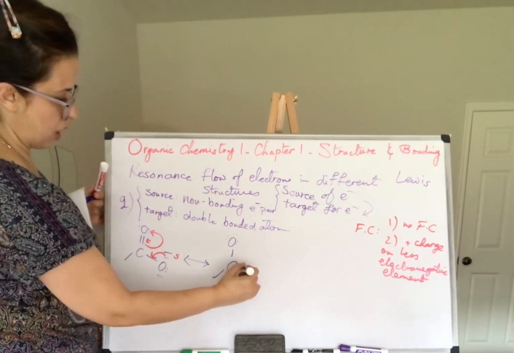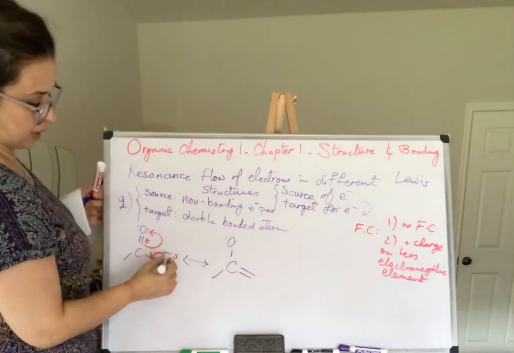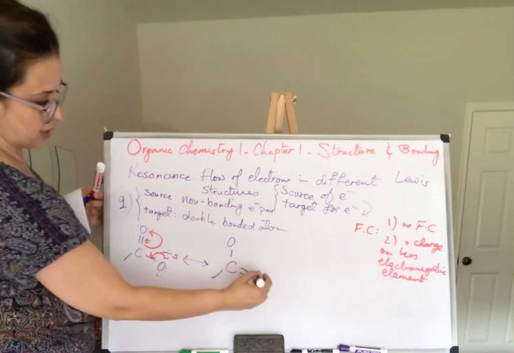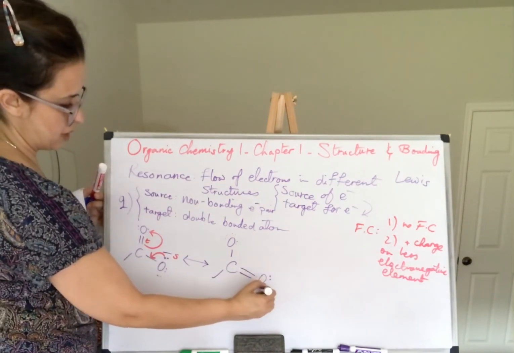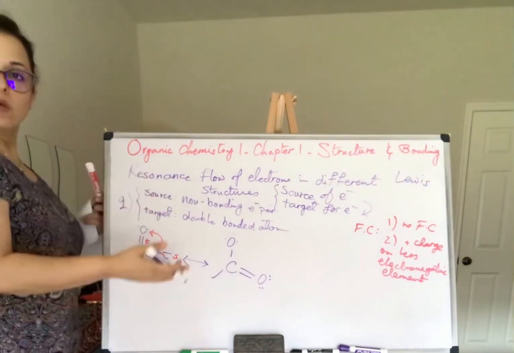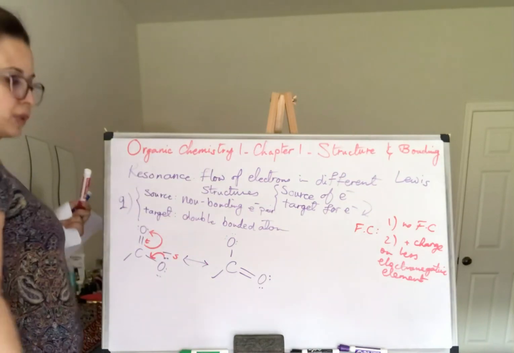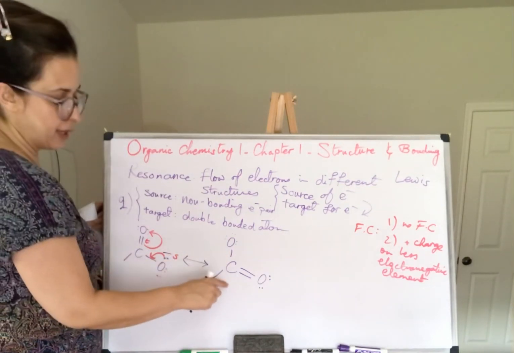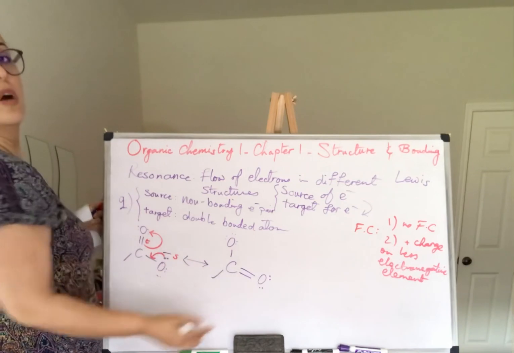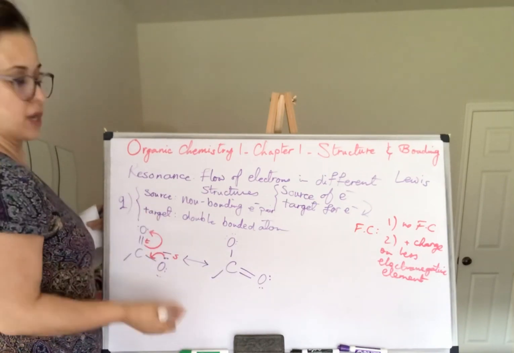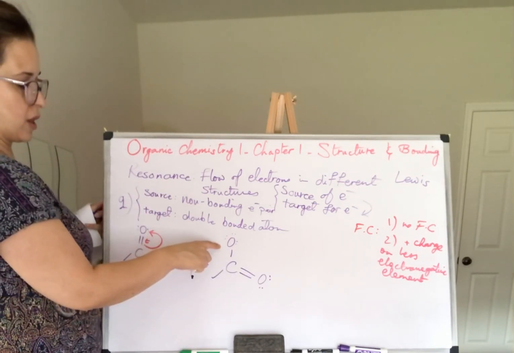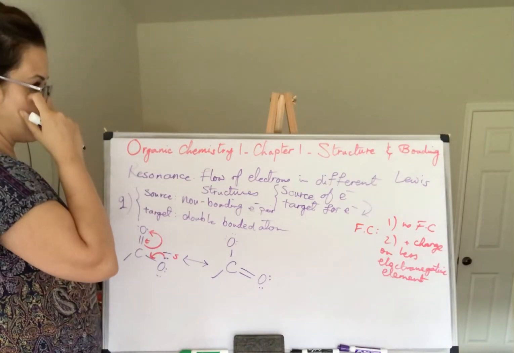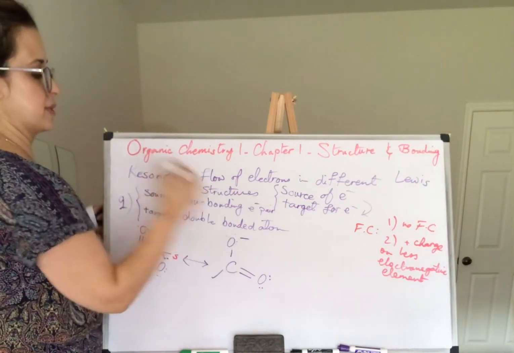Here you have a double bond formed because of what? Because of these 2 electrons. So you have 1, 2, 3, 4. Now it's time to calculate their formal charges. For carbon and for this oxygen, formal charges are 0. The only atom with a negative formal charge is going to be this.